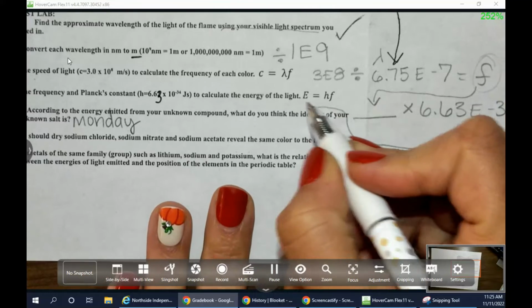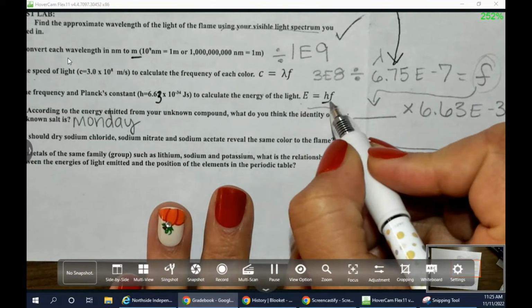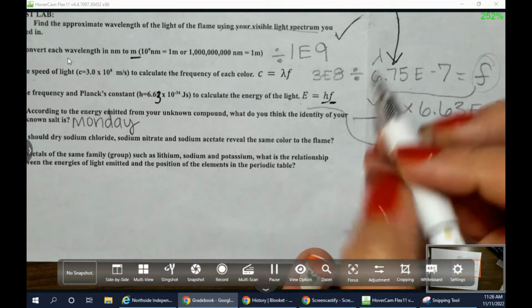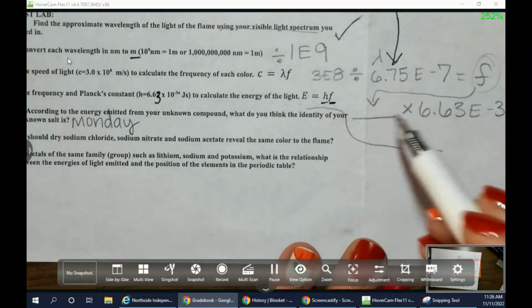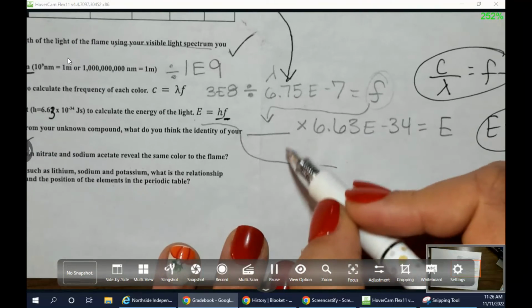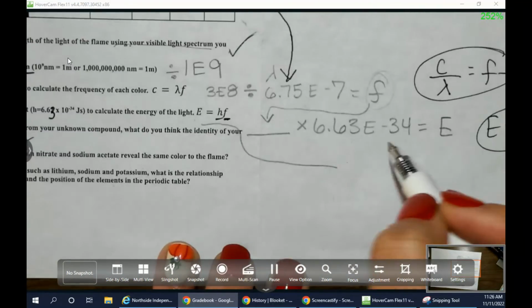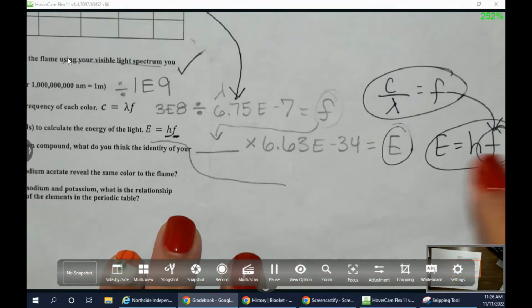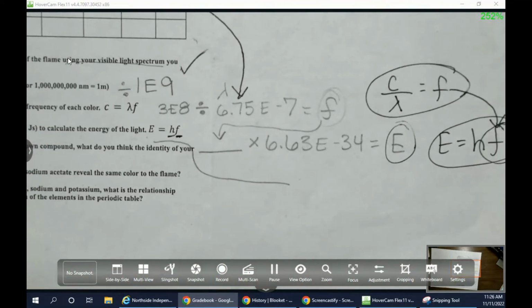So we're going to be using E equals Planck's constant times that frequency that you just found, your answer from number 3. Once you have that ready to go, you're plugging in that frequency, multiplying it by Planck's constant, and there's your energy. This is the process that you're doing.